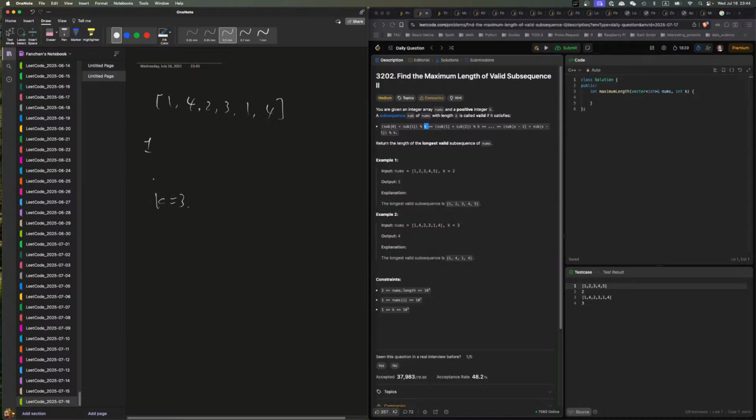I want to find the closest next value such that their difference is divisible by 3. So the next one is 4, okay? So now I want to find the next one is divisible by 3. So I say 4, 2 is no good, 3 is no good, so that's going to be 1, and that will be 4, right? That's the one.